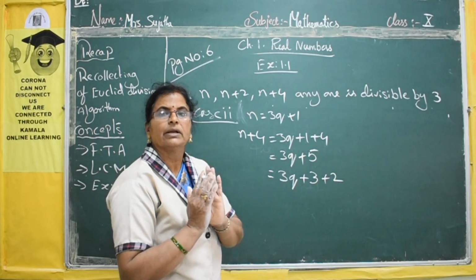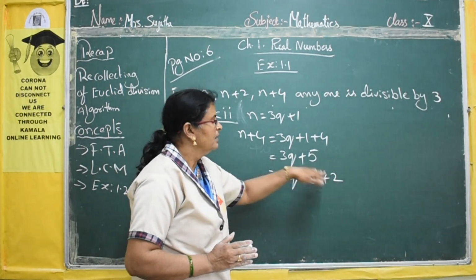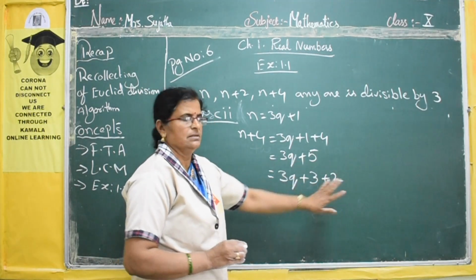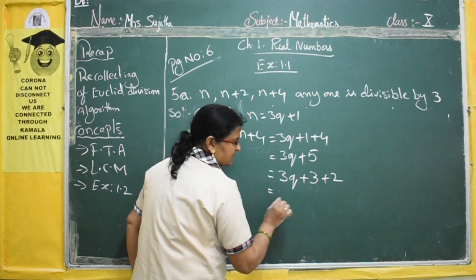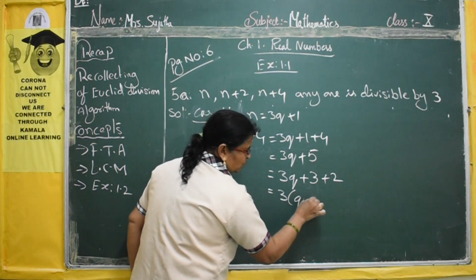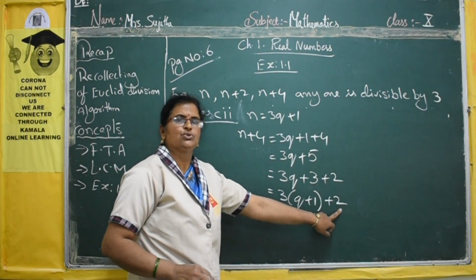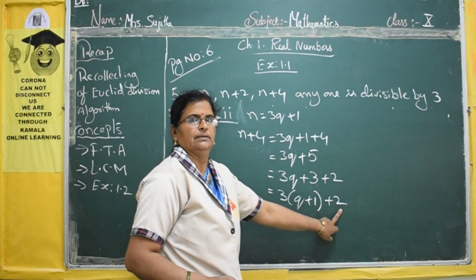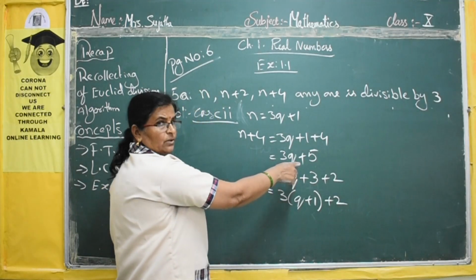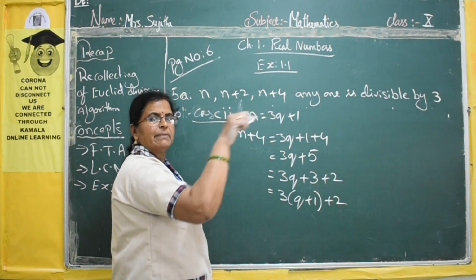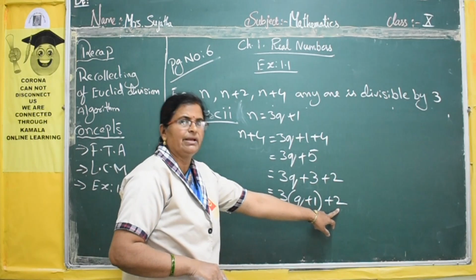How much remainder you are getting, you have to show. That's why we have to divide this 5 like this. Now in this, what is the common? 3 is the common. So 3 of q plus 1, plus 2. So plus 2 means 2 you are getting as remainder. Now 8 you are getting in total. 3 2s are 6, 8 minus 6, 2 you are getting as remainder. That only we are showing here.